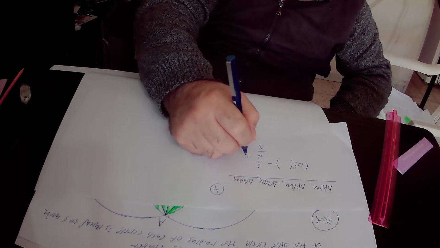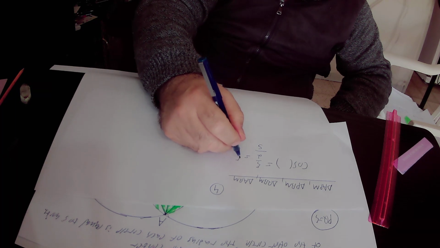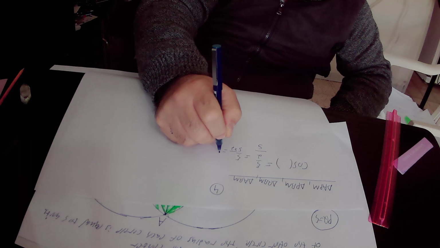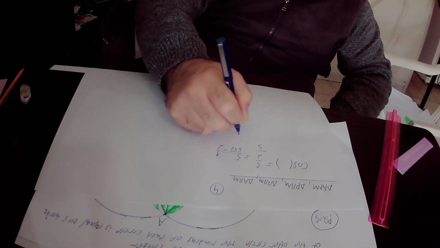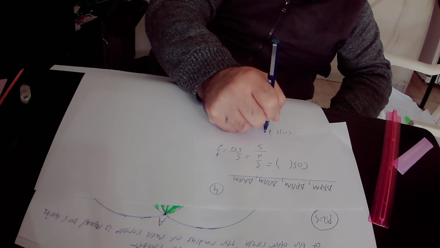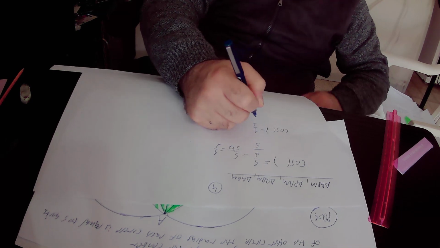Here 5 over 2 over 5 is 5 over 5 times 2. 5 over 5 is 1. So in conclusion, we found out that the cosine of those four angles equals 1 over 2.